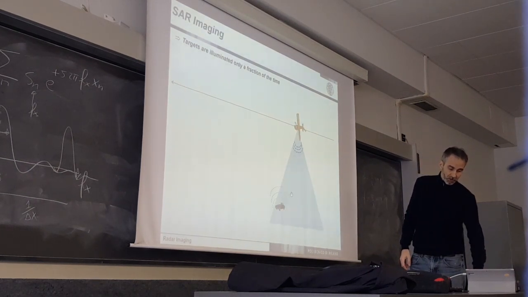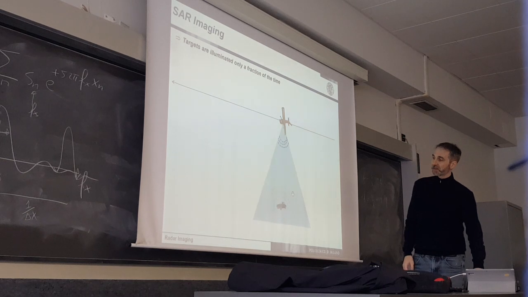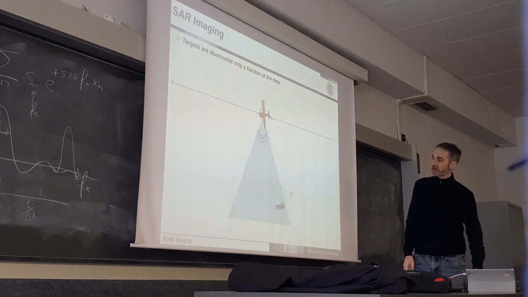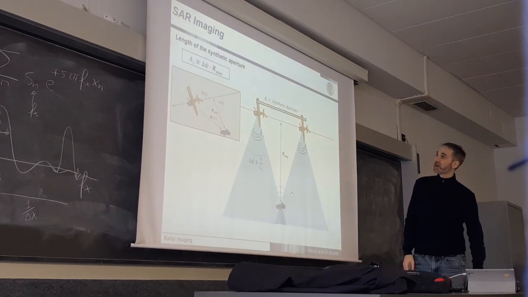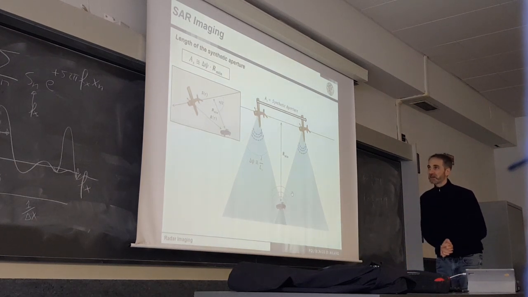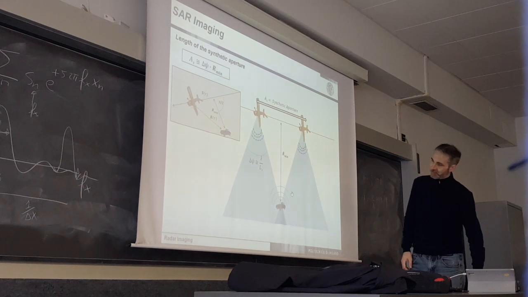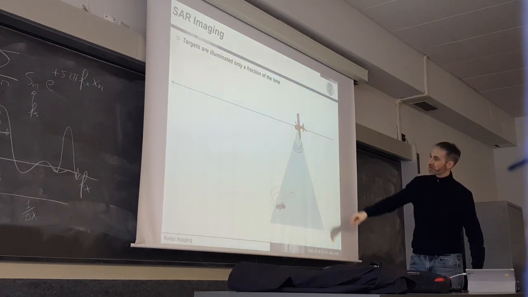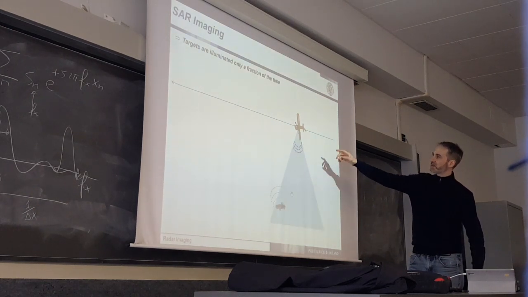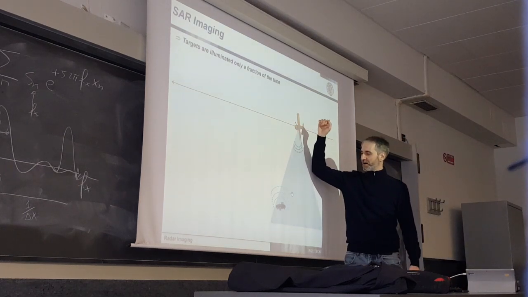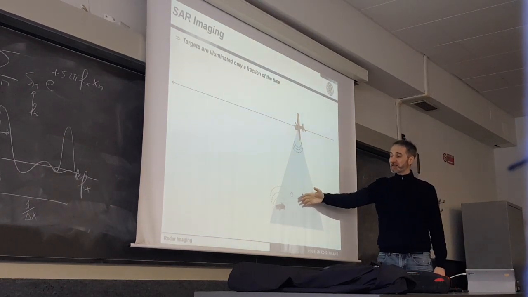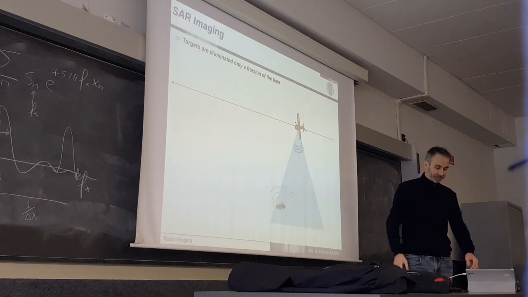The target will only respond here, here, here, and then it stops. So at the end, how long is the synthetic aperture? Well, the length depends on the target. It is the length for which the target is actually responding.